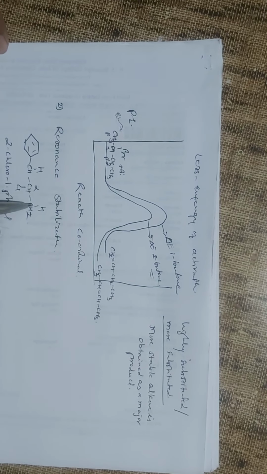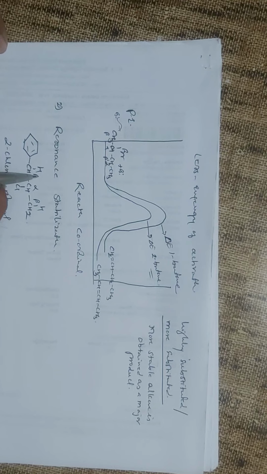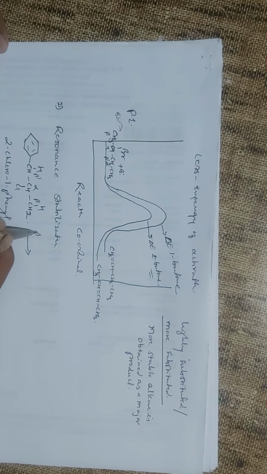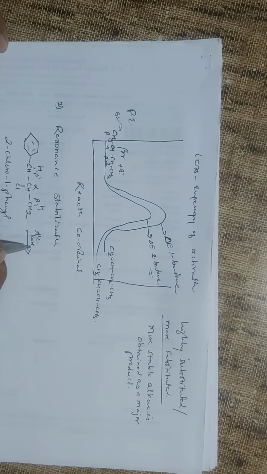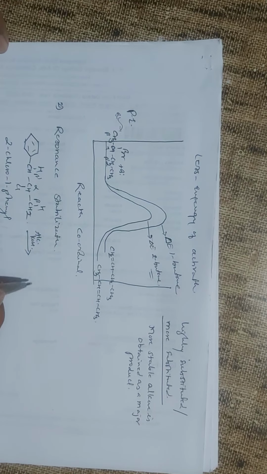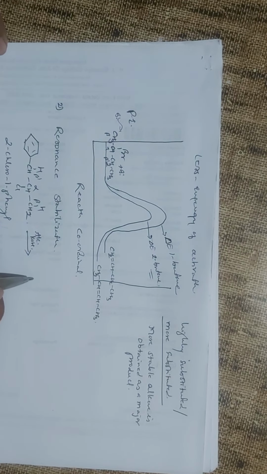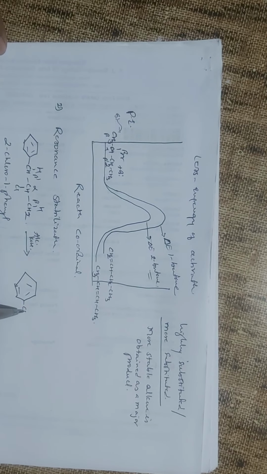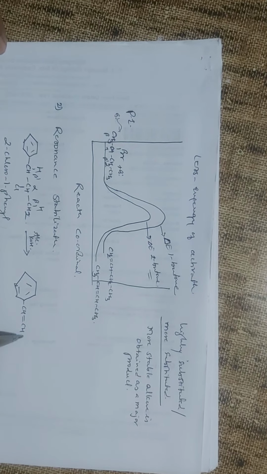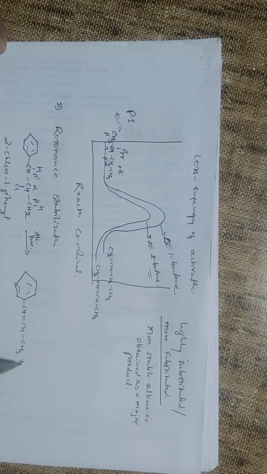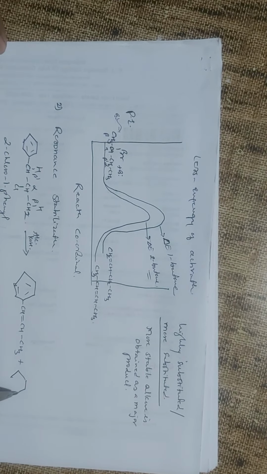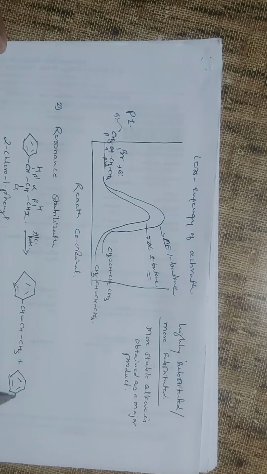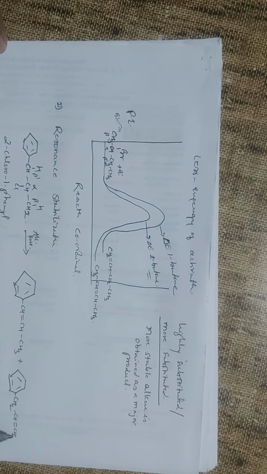So this is the alpha carbon, this is the beta carbon, this is the beta dash carbon. If you treat this with alcoholic KOH, you will get the formation of two products, that is C6H5-CH=CH-CH3 plus C6H5-CH2-CH=CH2.